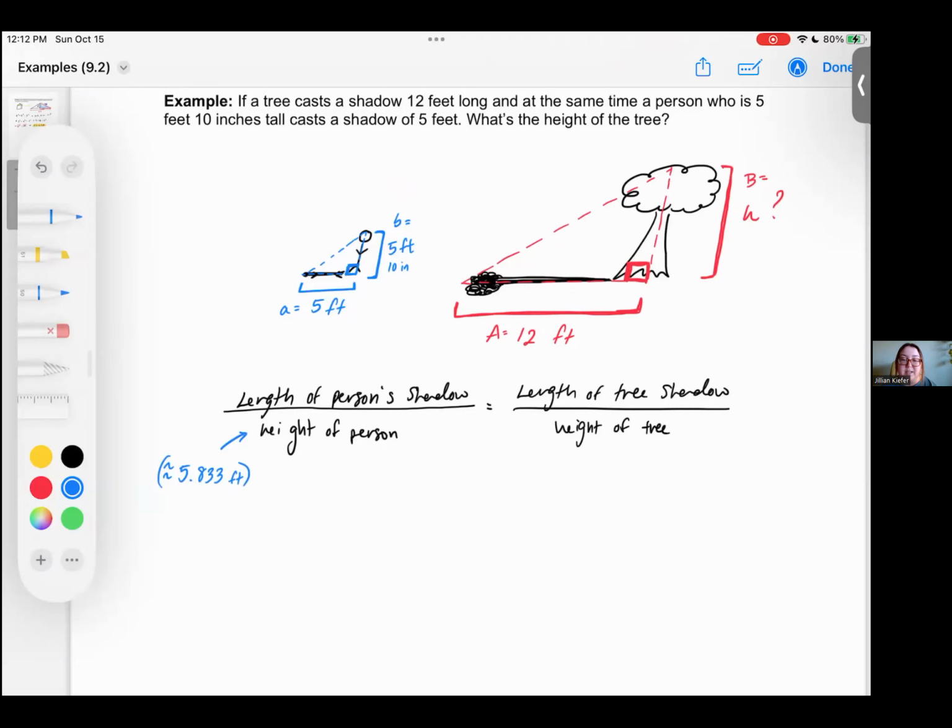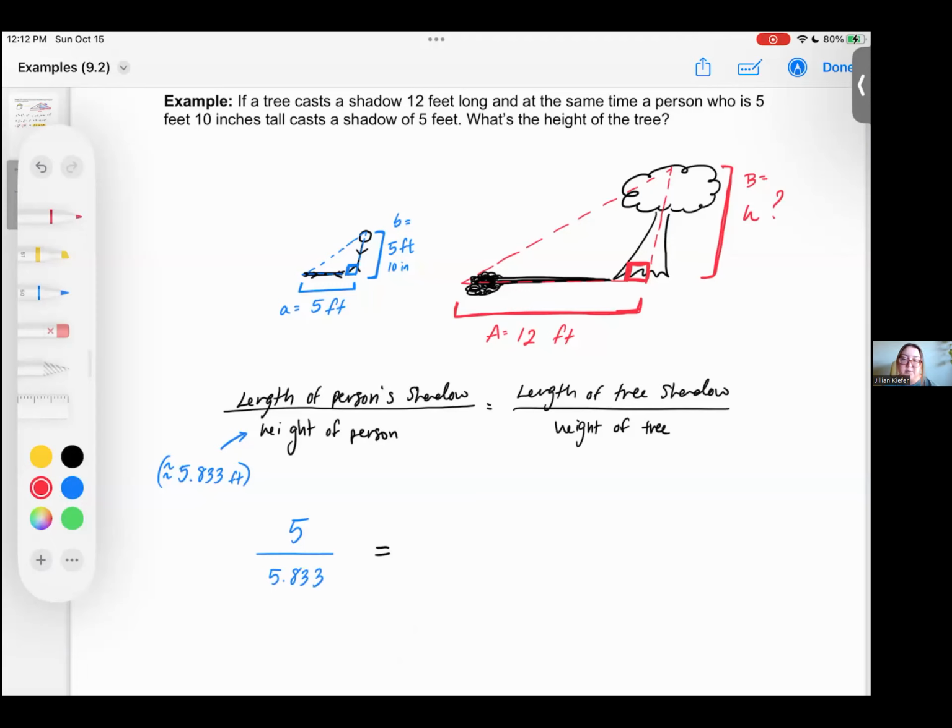So we're going to go ahead and set up our ratios. We're told that A, the shadow, is 5. This is all in feet, so we don't necessarily need to write feet. Then we have that divided by the height of the person, which is 5.833.